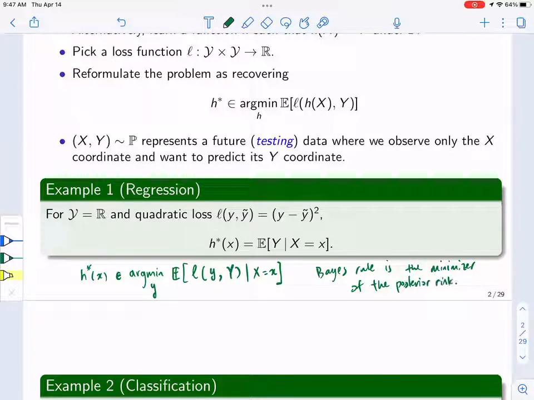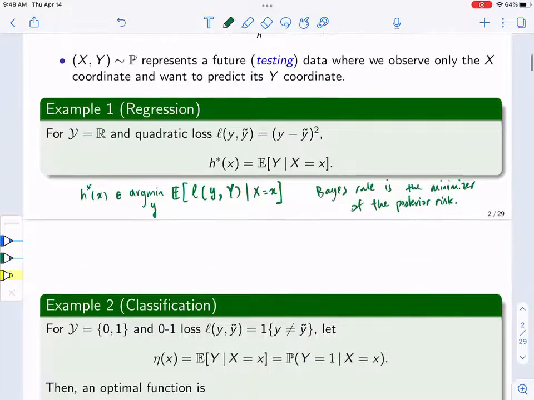So here we're going to talk about risk and loss. There's a difference in terminology. So here risk is like assuming y is the unknown parameter. If you go back to 200B, the idea is there.